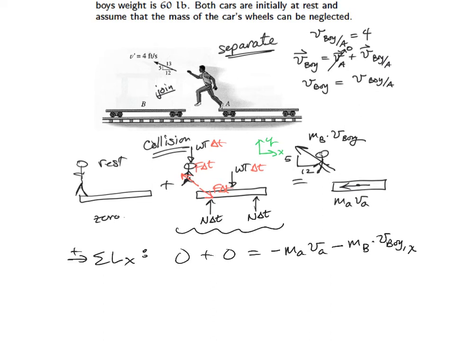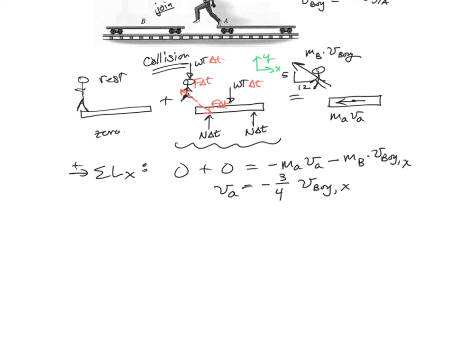So we end up with a ratio of masses, and so we'd end up with the velocity of A is minus 3/4 the velocity of the boy in the X direction. And so what I'm going to do now is apply the relative velocity equation.